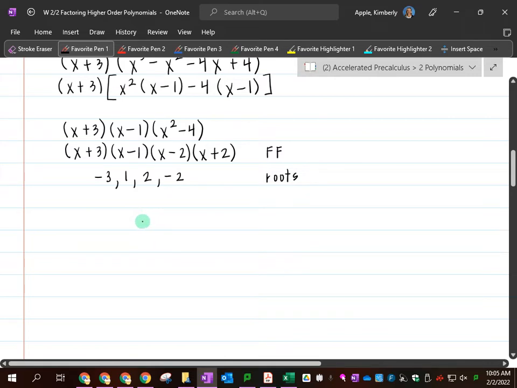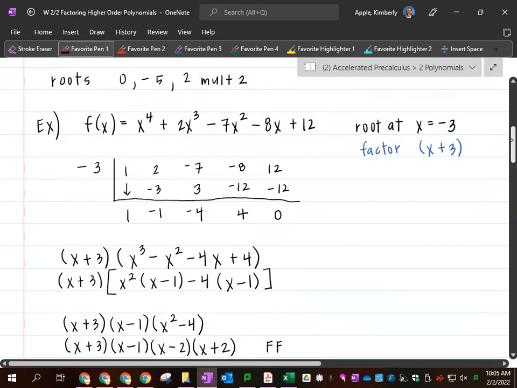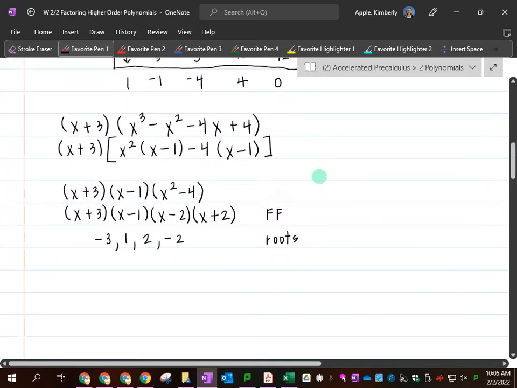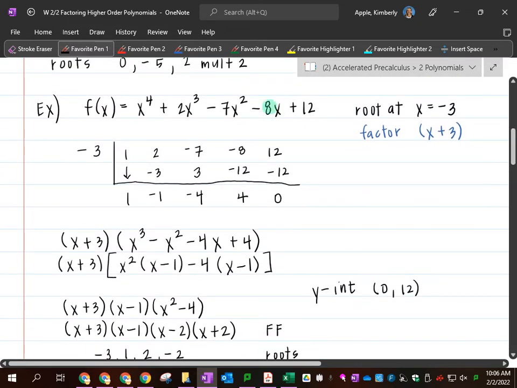Yes, ma'am. Would the y-intercept be 12? So the y-intercept here, I'm going to tell you a shortcut. The y-intercept here is (0, 12). This always works: whatever the constant is that's not multiplied by x, that's going to be your intercept.